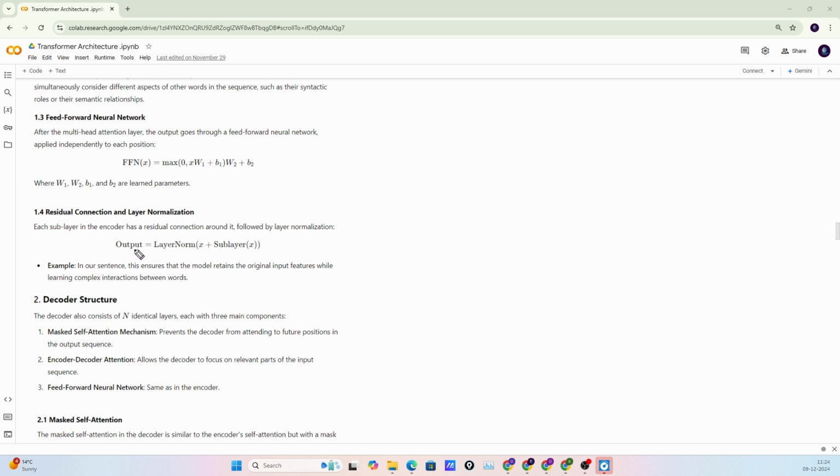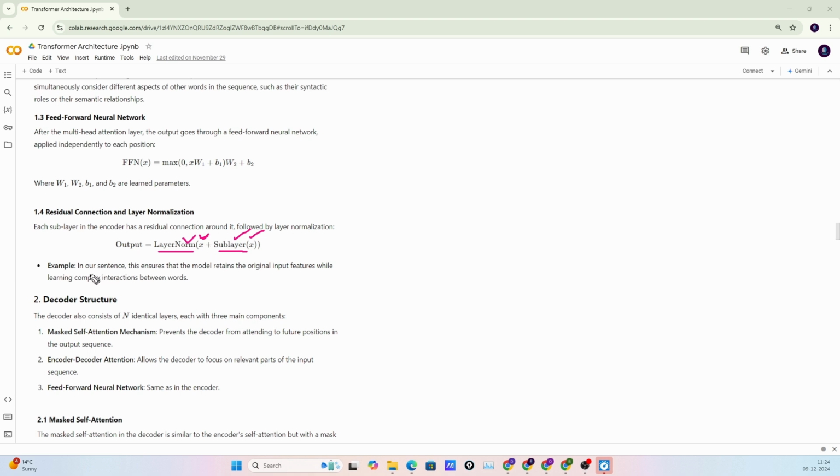You can see here the formula: LayerNorm(x + Sublayer(x)), where x is the original input, and the sublayer output is the output from each sublayer, like the multi-head attention or the feed forward neural network. We add two things here: the output from the sublayer, and the original information.